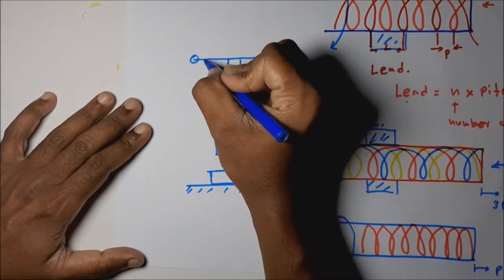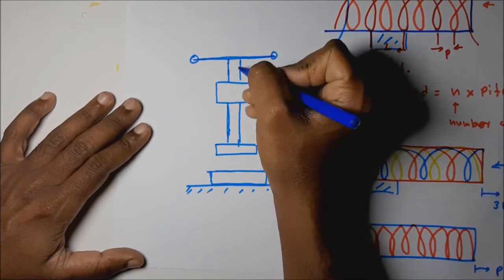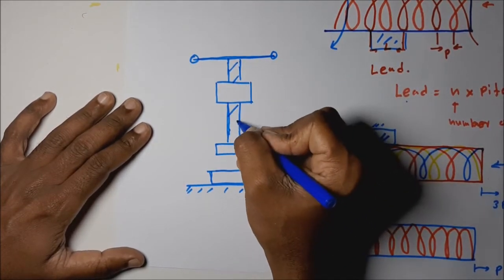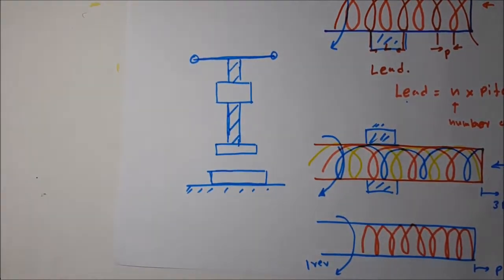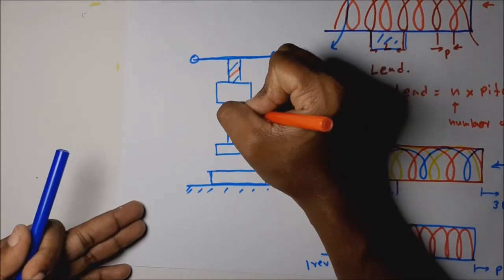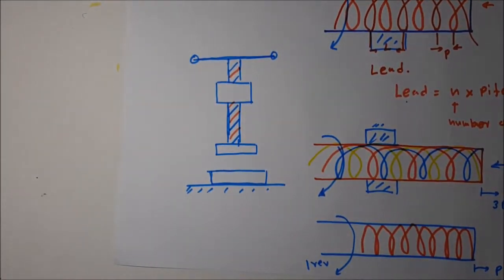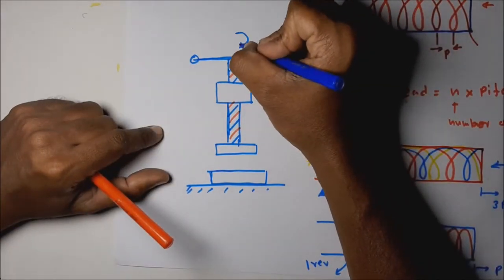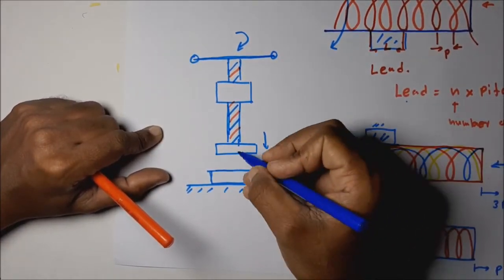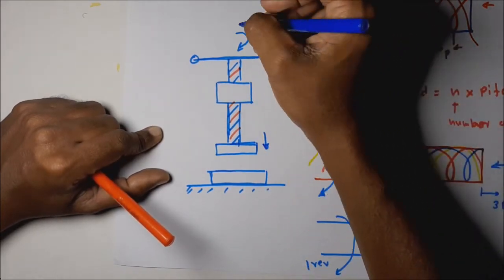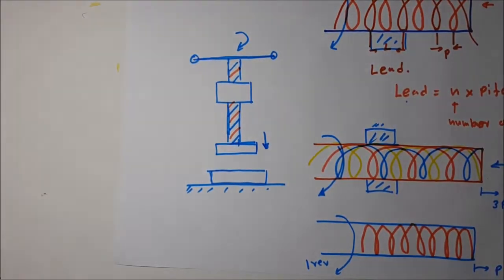Then this is a multi-star thread, because with fewer revolutions we can move this mold half in a downward direction more quickly with fewer revolutions of the screw.